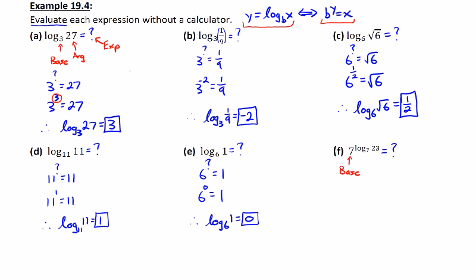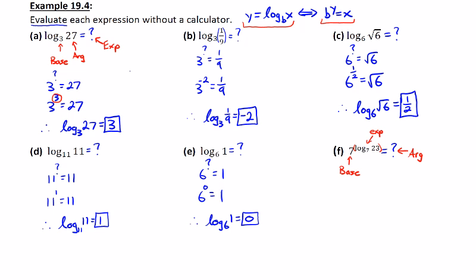The log base 7 of 23, that whole log statement right there represents the exponent, and then my question mark actually now represents the argument of a logarithm. So this is not logarithmic form, this is actually exponential form. It just happens to have a logarithm in its exponent. So it's a lot like a composition function.